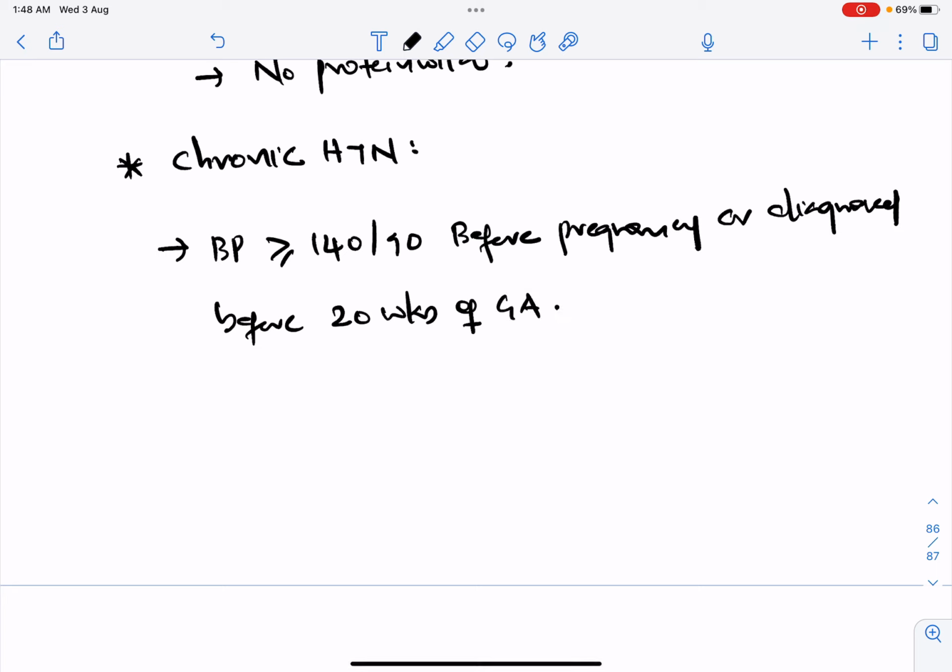Okay, if it is diagnosed before the pregnancy or before 20 weeks of gestational age, it is chronic hypertension.